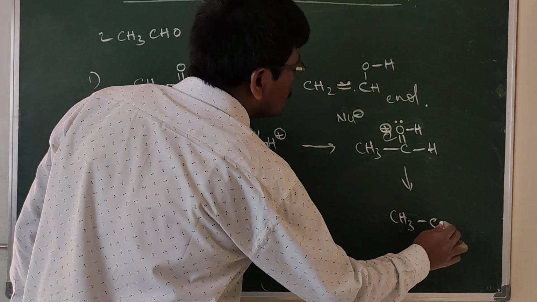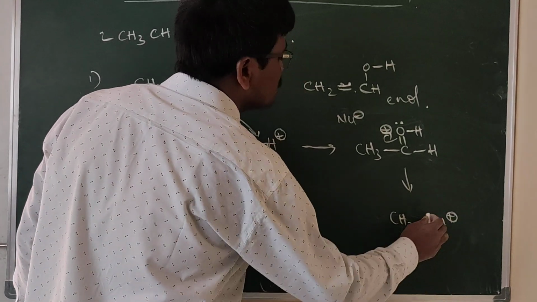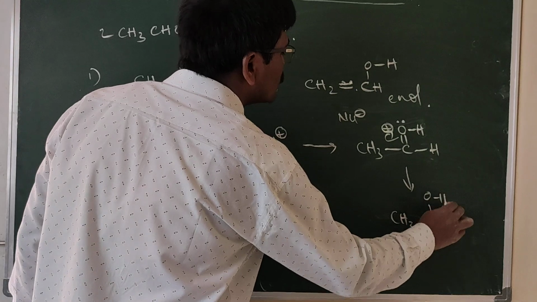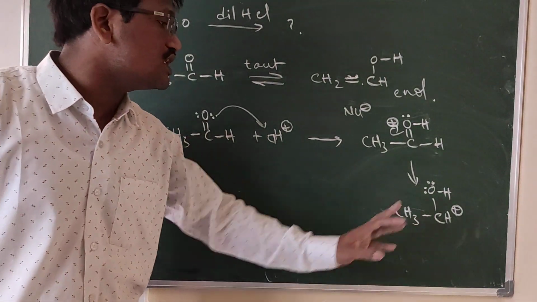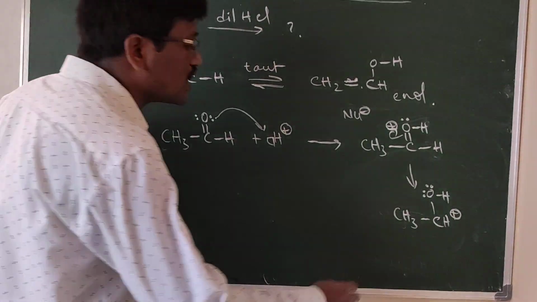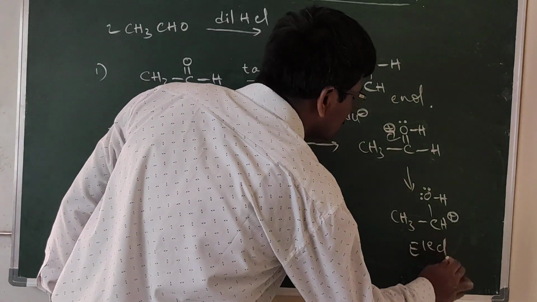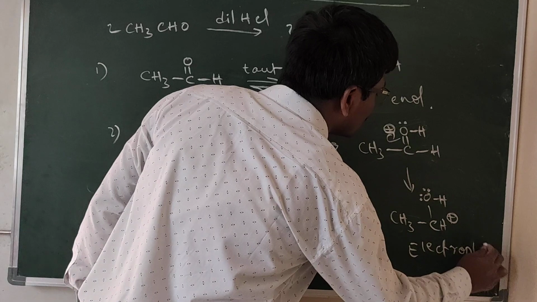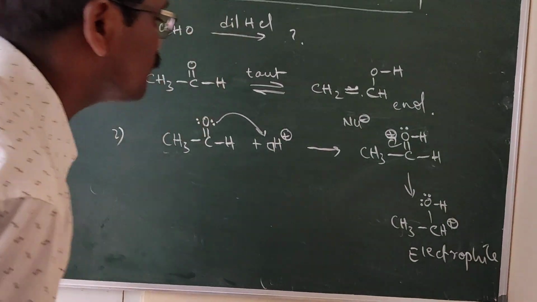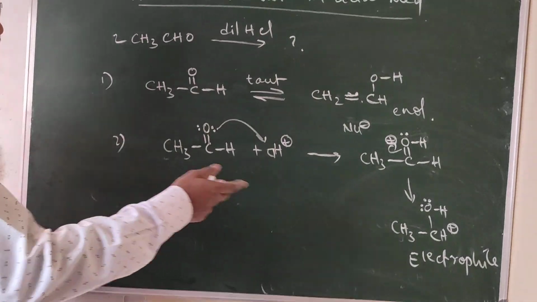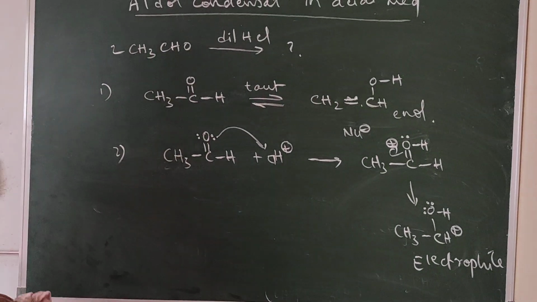So we got CH plus with a single bond to OH, and this oxygen has two lone pairs. A carbocation is formed like this. Because of the deficiency on carbon, this carbocation acts as an electrophilic center.